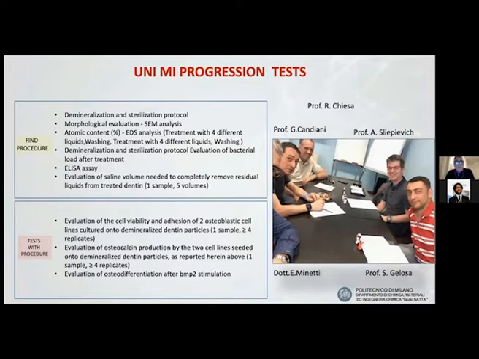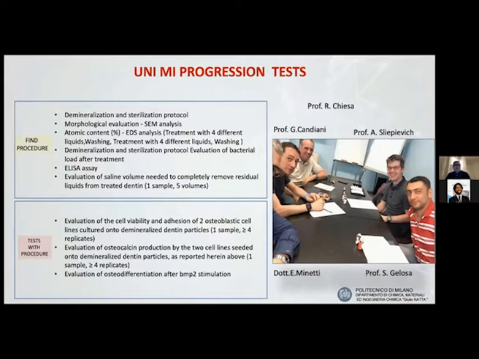For this reason, we started the tests at the University of Milan, at the Polytechnic of Milan, and we divided the tests into two levels. The first one is to find the procedure, and the second step is the test with the procedure.